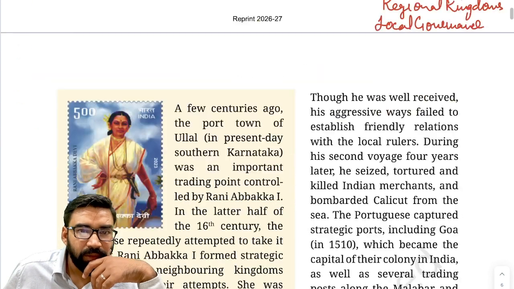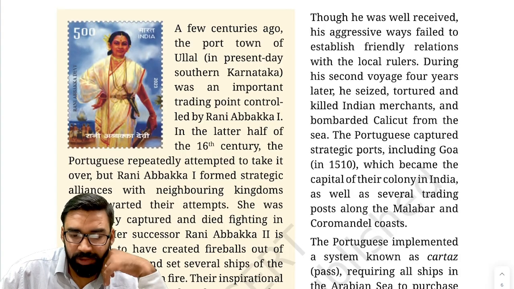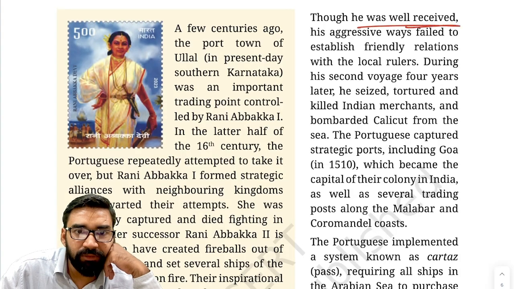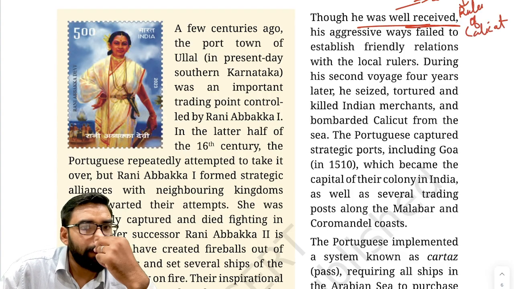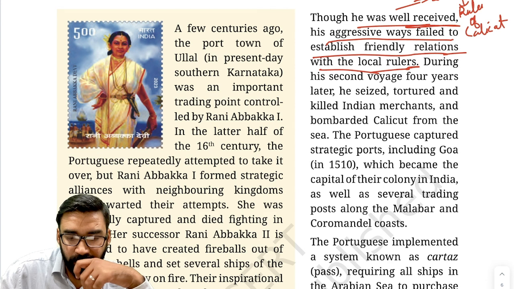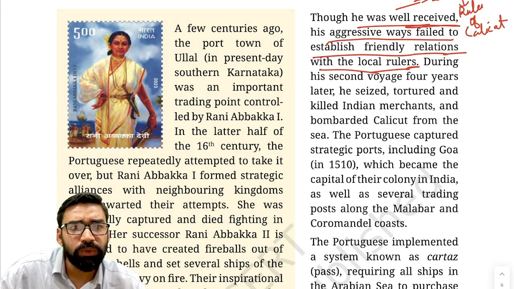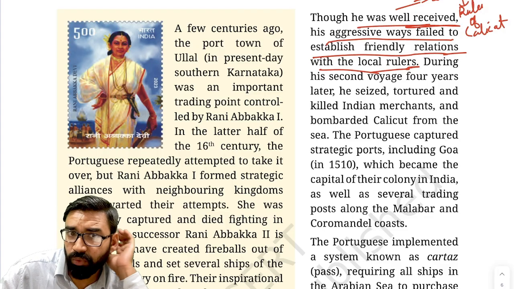Initially, he was well received by Zamorin, the ruler of Calicut. Now, his aggressive ways failed to establish friendly relations with the local rulers. So, remember this thing.